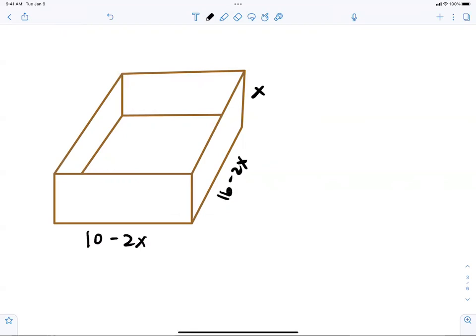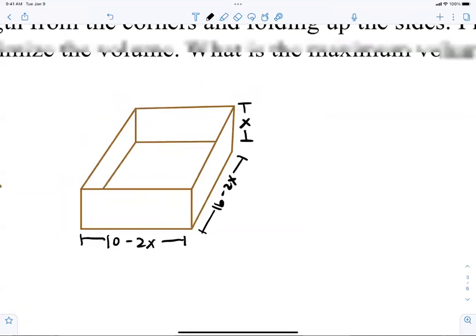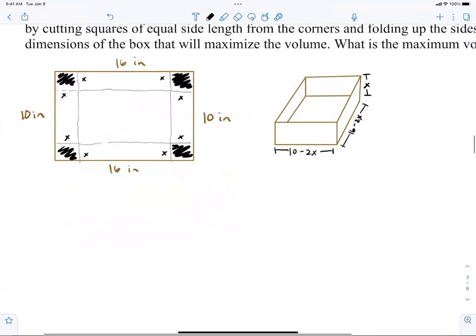Does everyone see that? And the volume, which we are trying to maximize, would be length times width times height. This is a rectangular prism. So x times 10 minus 2x times 16 minus 2x.